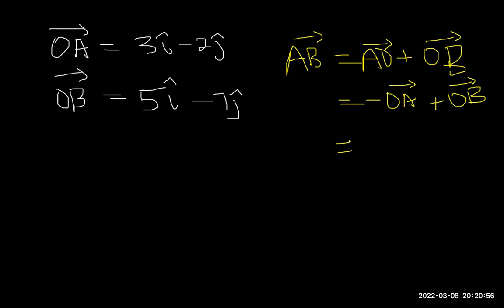So minus OA would be minus 3i hat minus 2j hat.